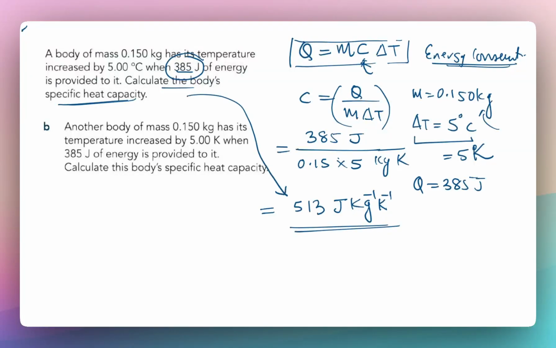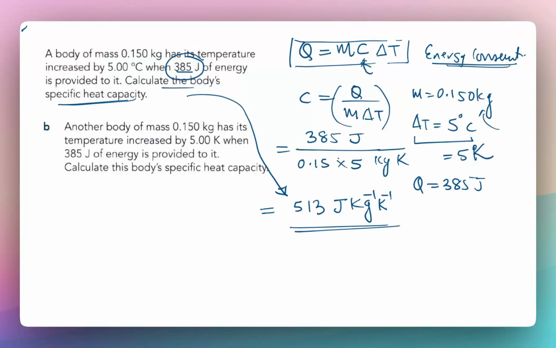The specific heat capacity of the mass in question is 513 joules per kilogram per Kelvin, which means if we want to increase the temperature of this body, which is of 1 kilogram, by 1 degree, we need to provide an energy of 513 joules.